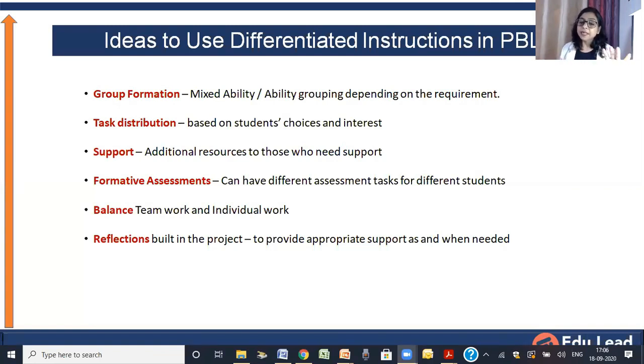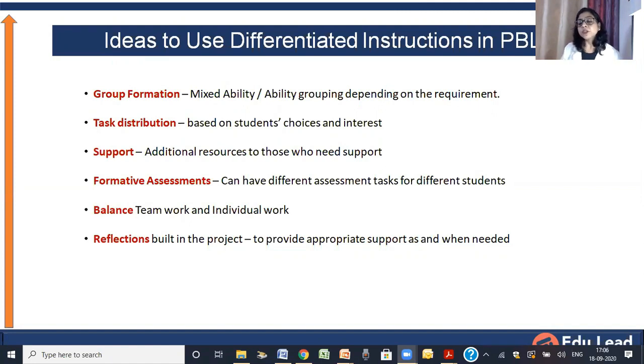You are making ability groups. But in other cases where you feel that different talents have to come together, then you can make a heterogeneous group, a mixed ability group. So this is one way that you can differentiate. The second way is that you can let the children work on the basis of their choice and interest. Okay.